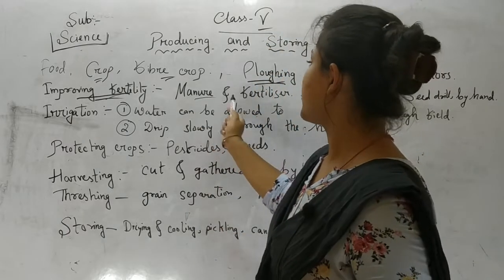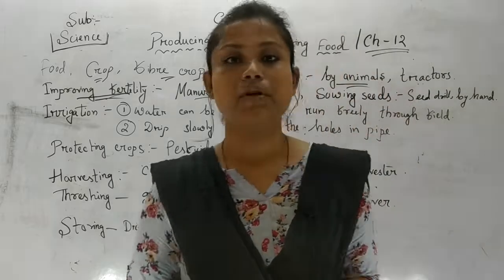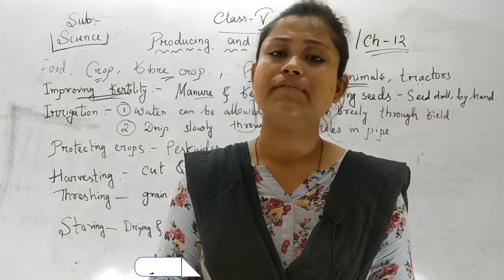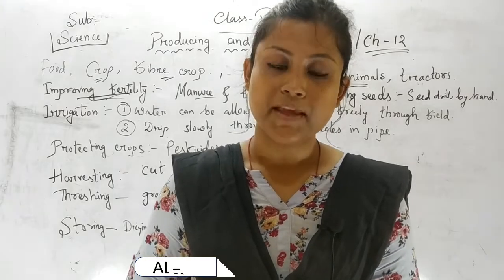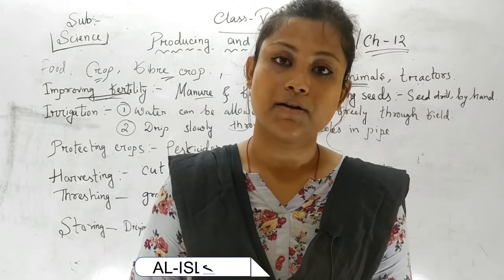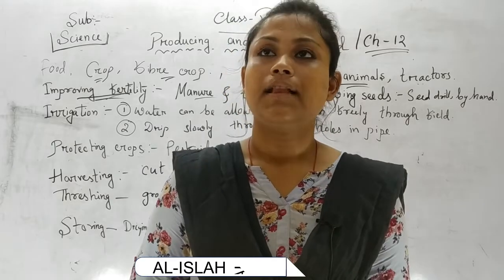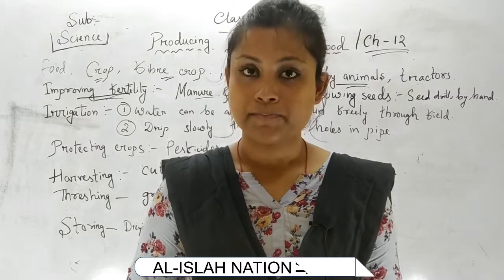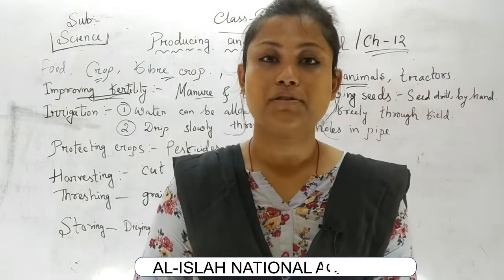With the help of manure and fertilizer, we can improve the fertility. So what is manure? It is a very natural fertilizer. We get manure from animal dung, and from crop leftovers or crop residues.